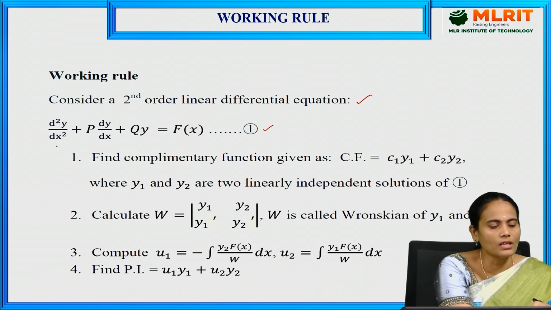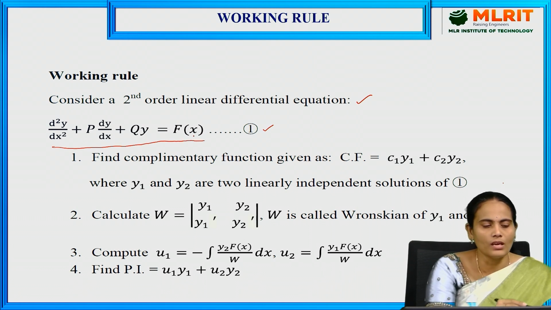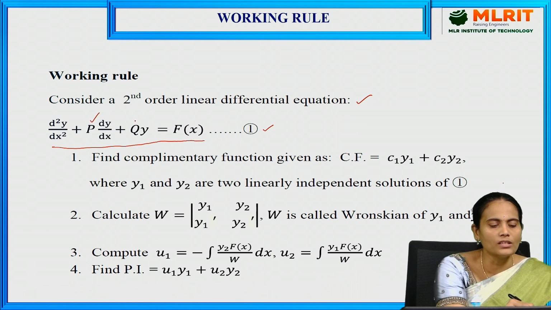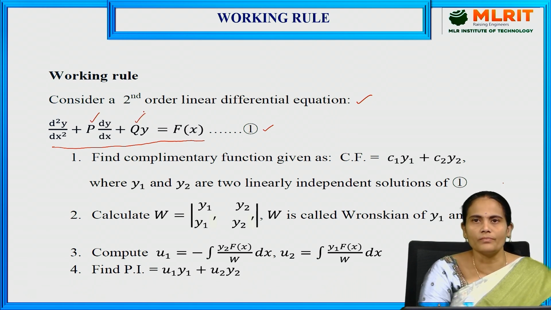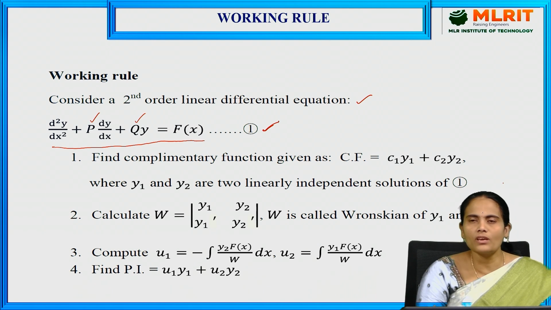That is d square y by dx square plus p into dy by dx plus q into y is equal to f of x. Here p and q are constants. For this type of differential equation, we are going to use the variation of parameters to find a general solution.